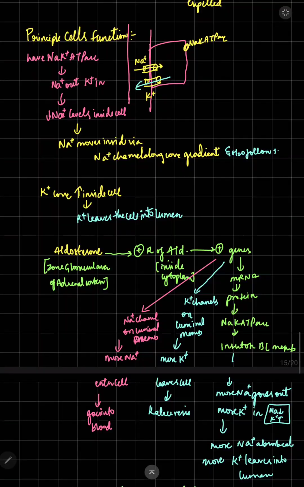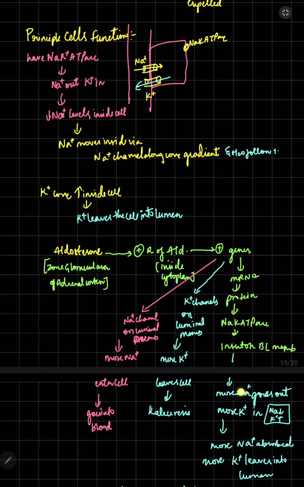There is an important hormone called aldosterone, which is produced by the zona glomerulosa of the adrenal cortex. This basically aggravates the whole process. It activates genes and increases the synthesis of sodium potassium ATPases, which are inserted on the basolateral membrane.